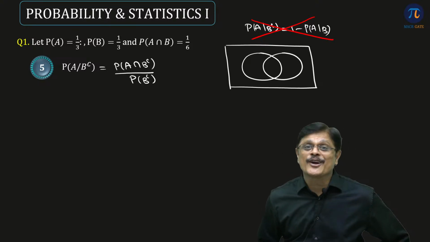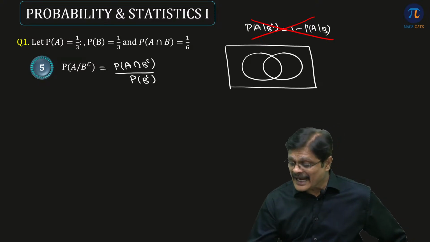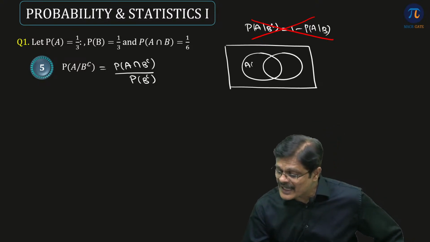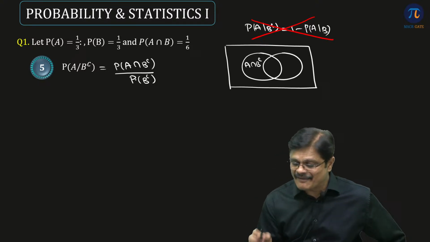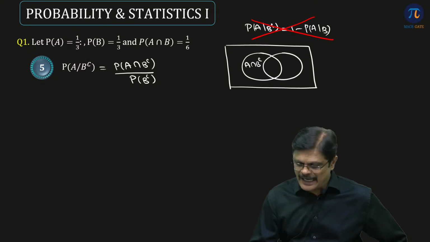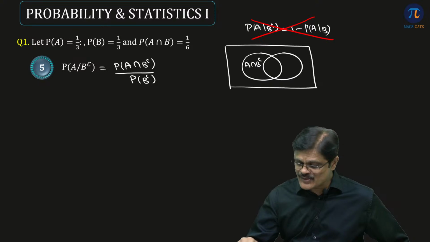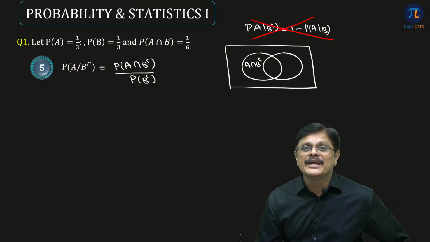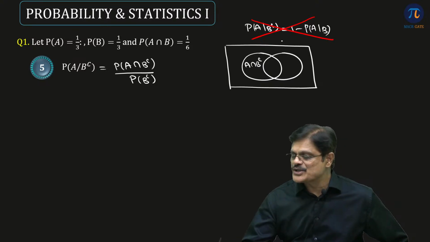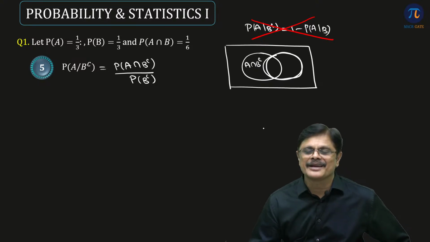A and B complement means this portion. There is no formula we can create, sir. We have to solve this problem. B complement means the remaining part, except this.